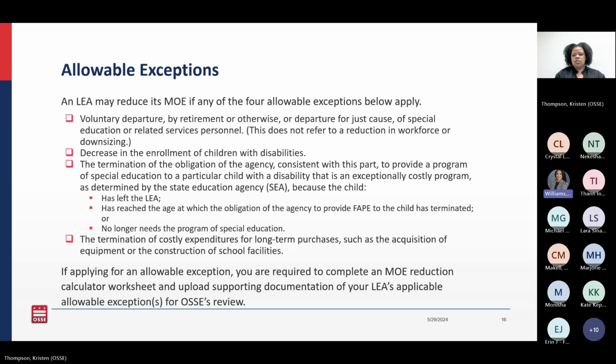So there's a $60,000 difference, and you can reduce the level of effort that you need to budget or meet. And if that brings you to MOE compliance, then that would be allowable.